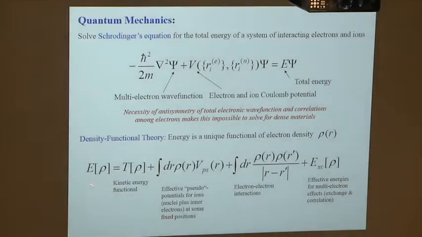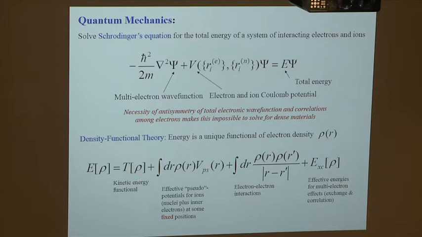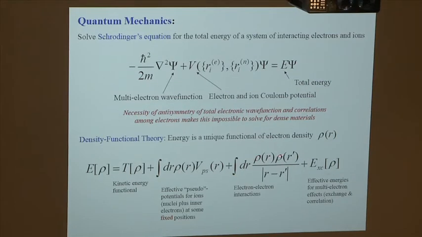But you can write the energy down as a function of this density, and there are different parts. There's kinetic energy of the electrons, there's interaction of the electrons with the ions, there's a Coulomb interaction, that's charge over R, that's a Coulomb interaction between the electrons. And then there's some somewhat unknown functional that deals with this anti-symmetry and deals with the correlations, but it still ultimately only depends on the density.